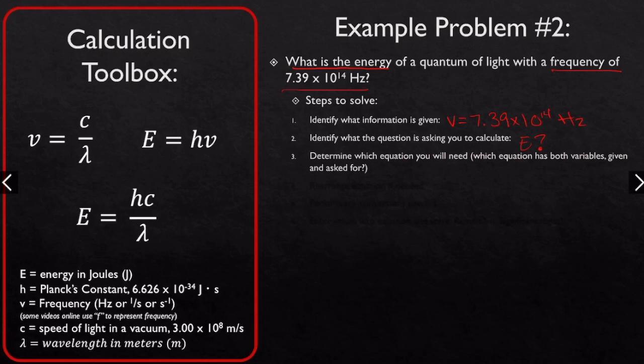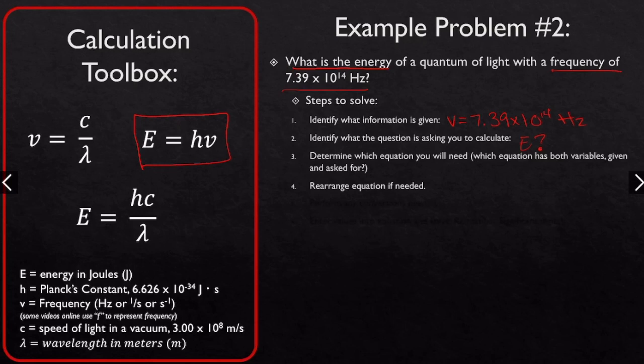All right, so in the next step, determine which equation we're going to need. I need an equation that has both frequency and energy in it. So I'm going to look over here at my toolbox, and this equation has both energy and frequency in it. The next step after that is to look at that equation and decide whether I need to rearrange it or not.